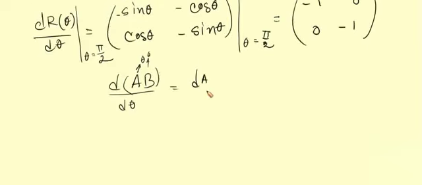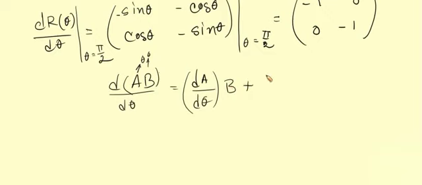So this will just be (dA by d theta) B. Let me just put them in parentheses so that you can easily distinguish that the order over here is very important, because dA by d theta will also be a matrix and B itself is a matrix, and in general matrix multiplication doesn't commute.